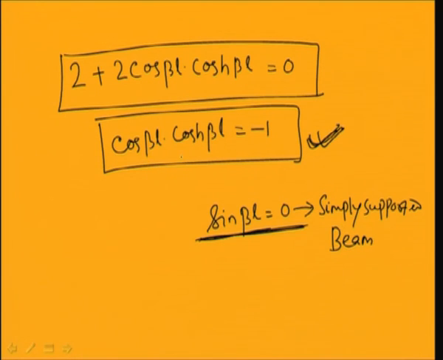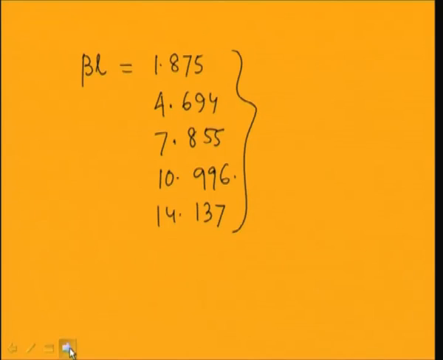From this you can note that for higher modes this beta L value will be very high, and this cosh beta L will have a very large value. So, if this cosh beta L value is very large, then you can write cos beta L equal to 0.